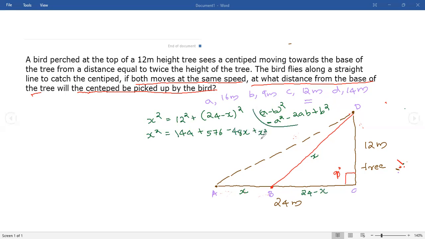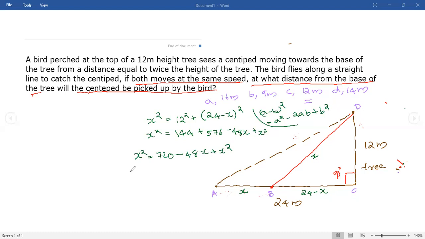Okay. So X square is equal to 144 plus 576, that is 720, minus 48X plus X square.